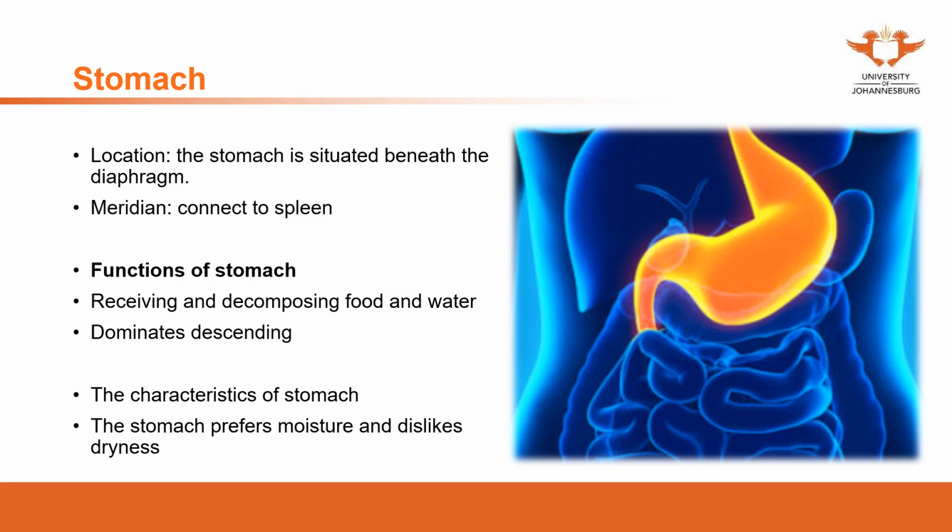Because of this function of the stomach, if the patient loses the function of descending, the food stored in the stomach that is supposed to descend into the intestine reverses to the mouth, which causes nausea, vomiting, or hiccups.